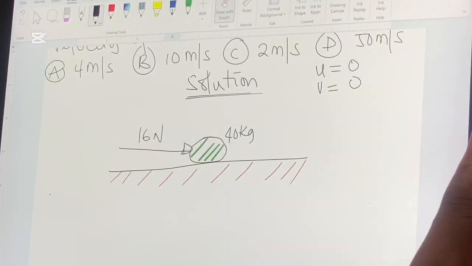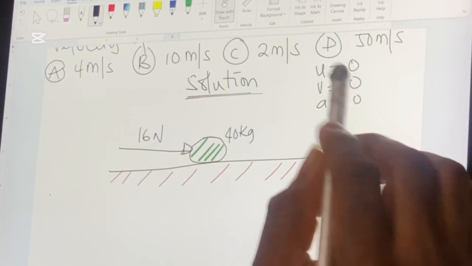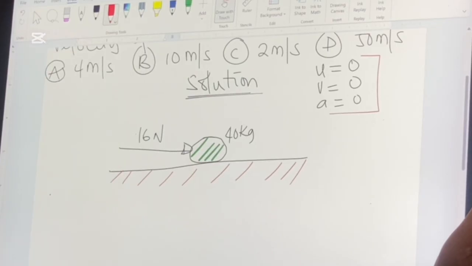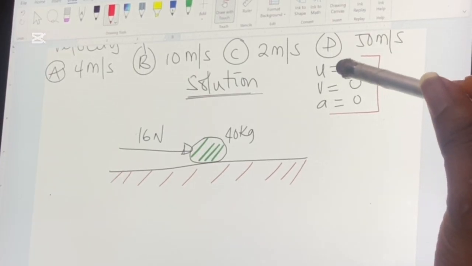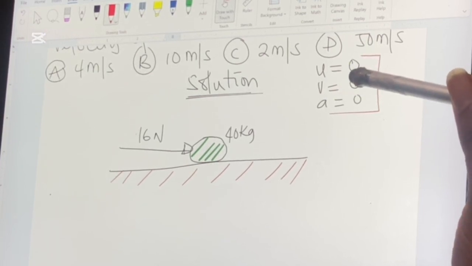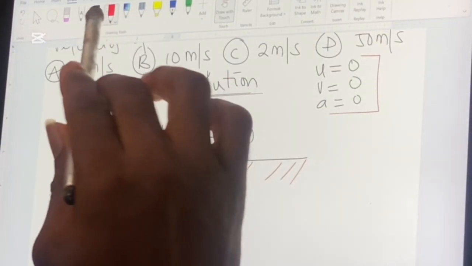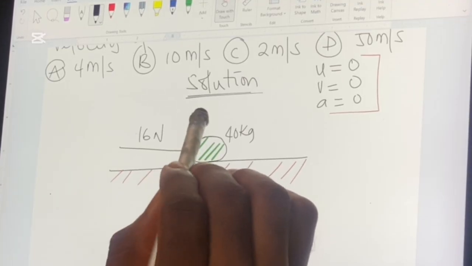Whenever an object moves in a constant velocity, or uniform velocity, A is equal to 0. So these are the statements with mathematical expression. Please take note. So the statement that this object is at rest means that U is equal to 0.